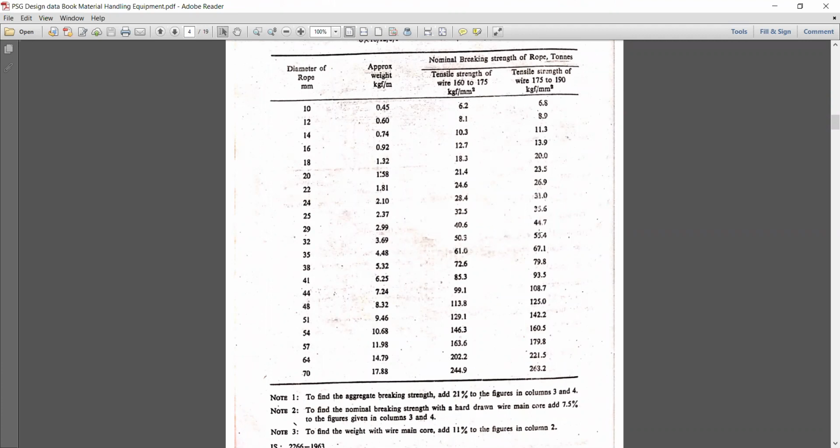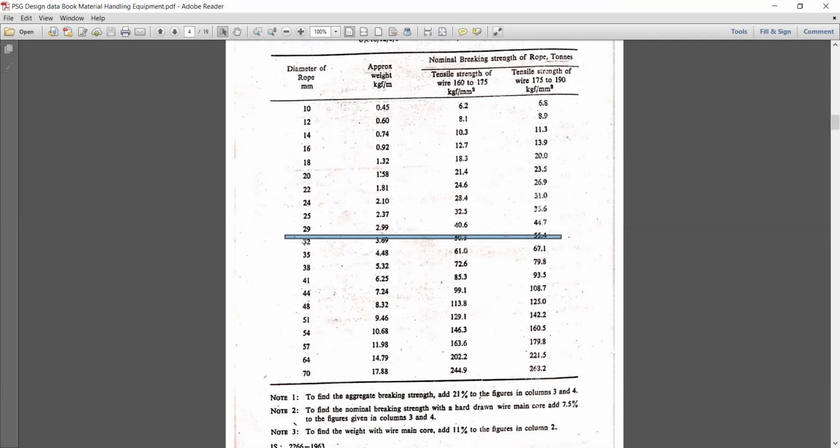As the desired value of P is 54, the available value here is 55.4. So based on this standard value we are selecting, and the diameter for that is 32. So we are selecting the diameter of the wire rope d equal to 32 for a minimum life of 12 months.